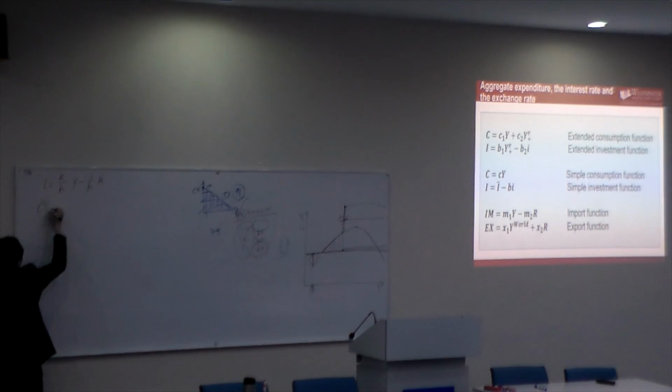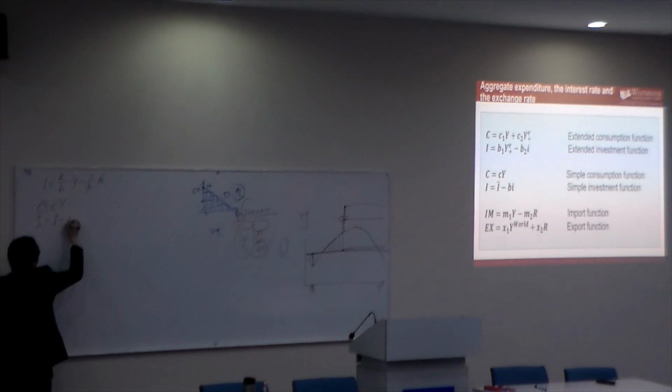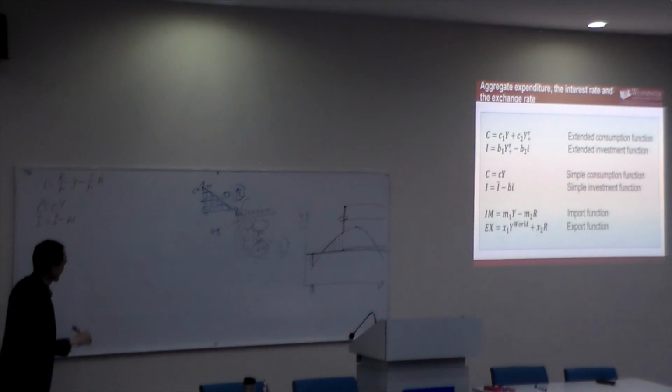Our consumption is equal to marginal propensity to consume times income, and our investment is equal to autonomous investment minus interest rate. What about exports?